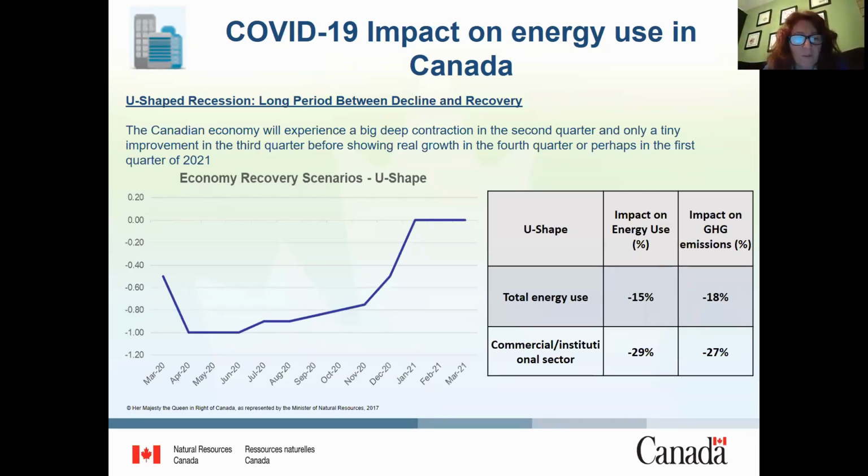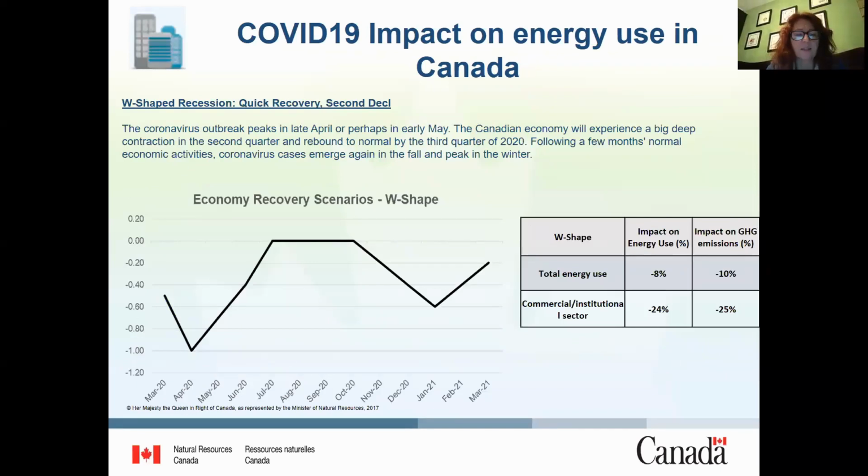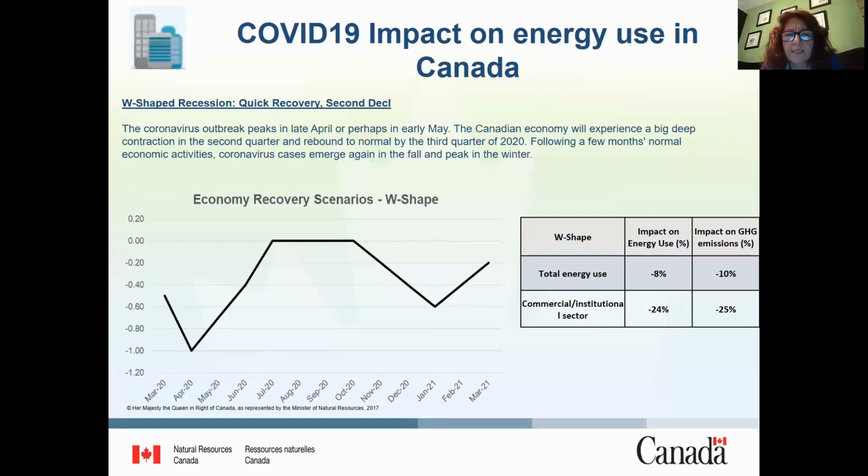So let's jump to the last slide, which is the W shape scenario. We looked at this scenario as well, and it seems that this is what is happening in Canada.